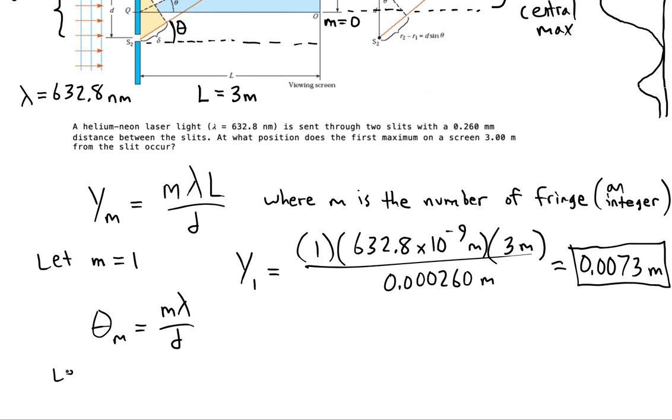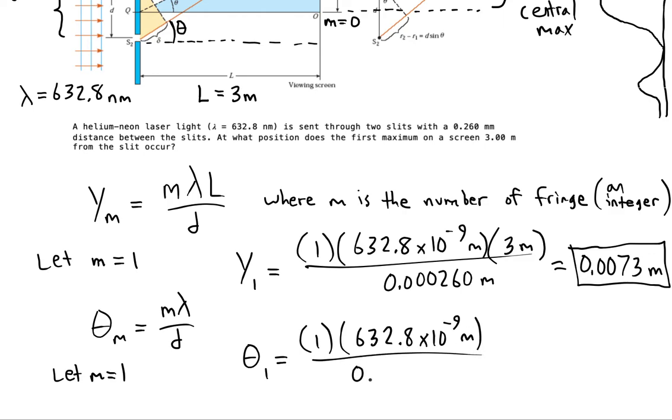All right, you just want to let m equal 1 again. And we can do theta_1 equals 1 times the wavelength and divide by the slit separation.